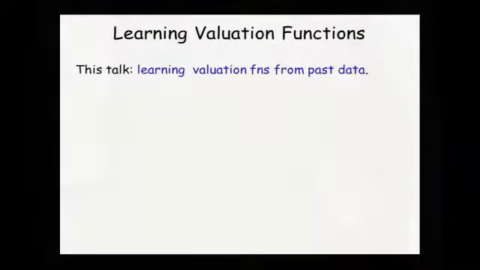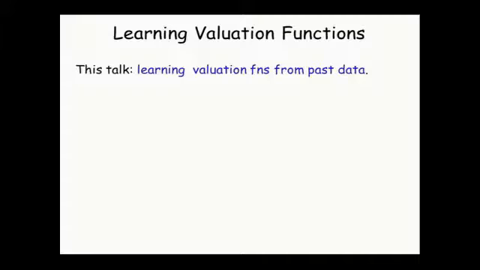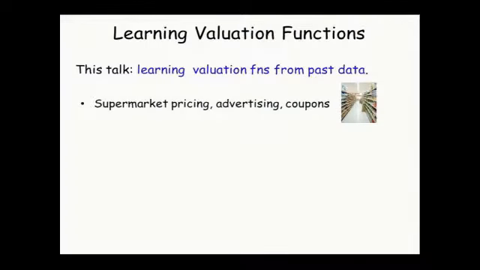More specifically, the question that we'll be looking at is, if we don't know the user's valuation function, how can we learn it based on observed data? And I think this is an important question motivated by several applications. For example, it is very common for supermarket chains today to keep track of the purchases of their customers, for instance, by using loyalty cards.